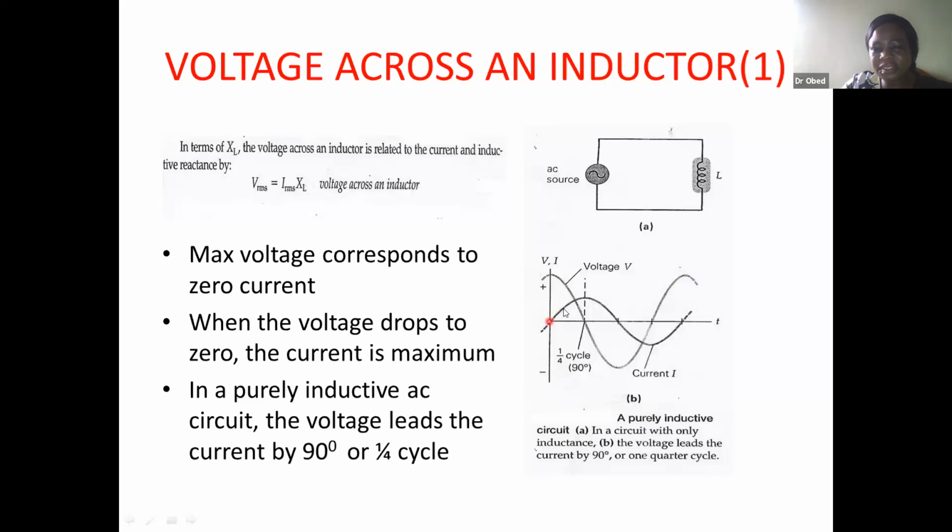This is the current. So the voltage is leading the current by 90 degrees or by 1/4 of a cycle. This is half a cycle. This is another half cycle in the opposite direction. So when you go this way, this is a full cycle, like I said the other time.